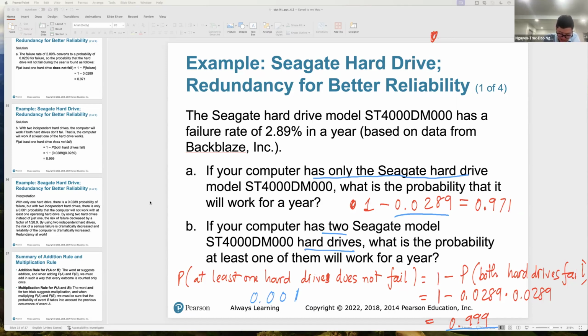But using two hard drives instead of just one, the risk of failure decreased by a factor of, in this case, please remember the failure rate is 2.89.